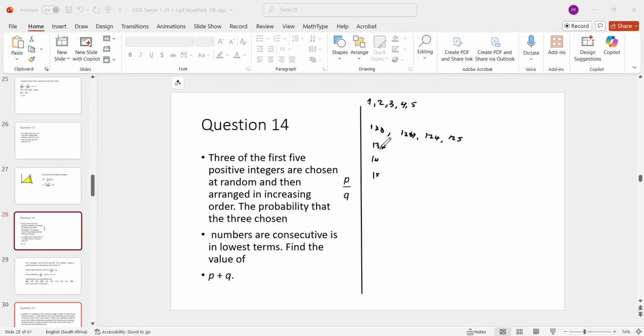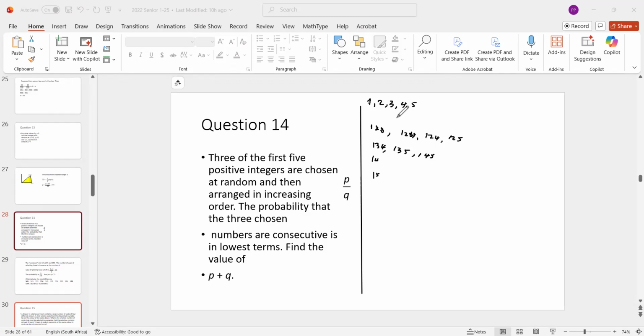All right. Now I'm going to take 1, 3, 4. I'm not going to put a 2 in because I've already got the 2s. I've got 1, 3, 4, 1, 3, 5, and 1, 4, 5. Okay, so that takes care of all those which start with 1.